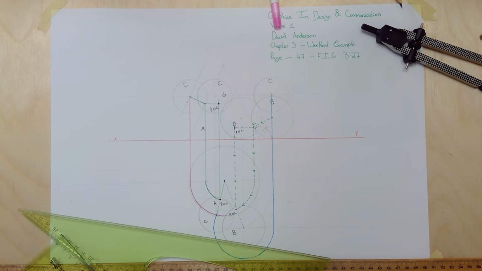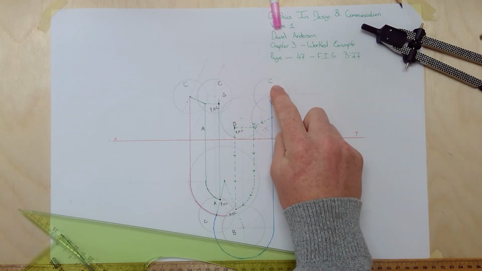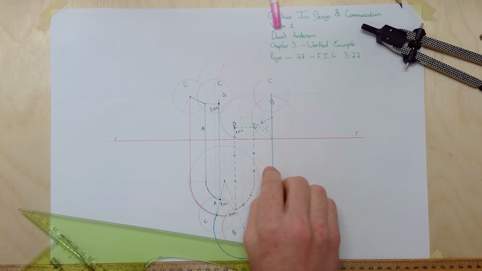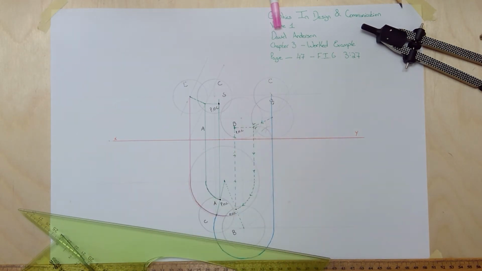So to get that, what we can do is we can join our two centers of sphere B and that temporary sphere C. Where they cross, I can bring it down, rotate it around, join my centers, find the point there, and then I can bring it back up straight across.